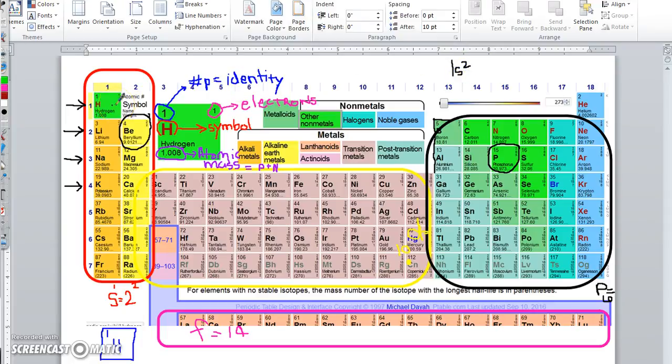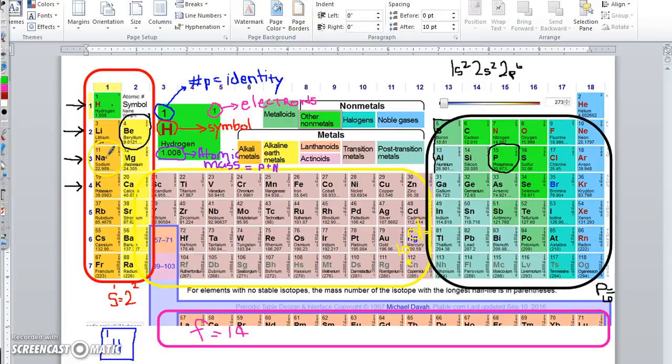Both electrons. 2s2 fills up the second s energy level. Okay, so 1s2, 2s2. The next one over, I go all the way to p, and it's in the 2p, and all 6 p orbitals are filled. So 2p1, 2p2, 2p3, 2p4, 2p5, 2p6.